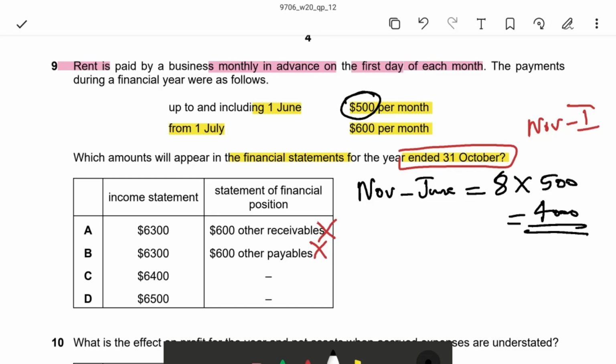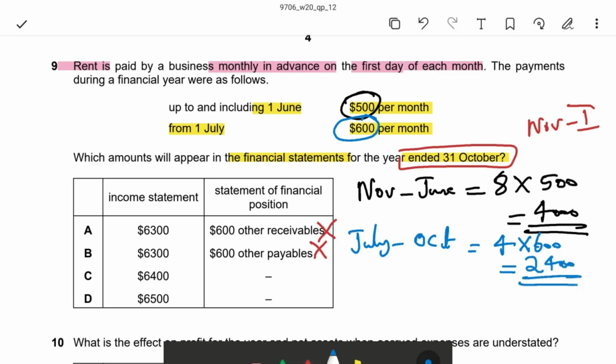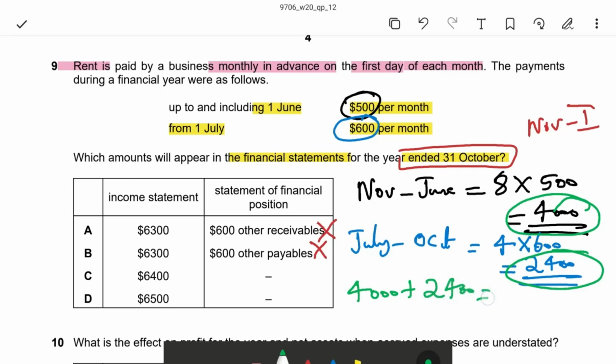Next, we have July to October. How many months? 4 months. 4 months, what is the amount? 600 into 4, that comes to 2,400. The question is really easy. So, the amount is 4,000 plus 2,400, 6,400. The correct answer is C.